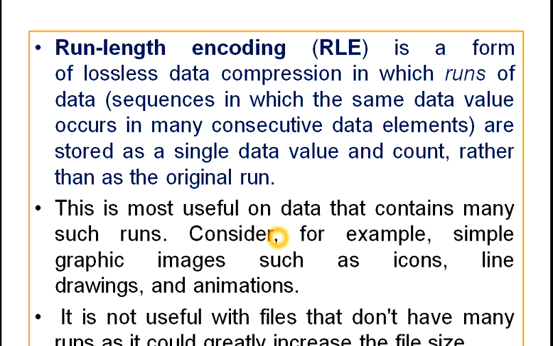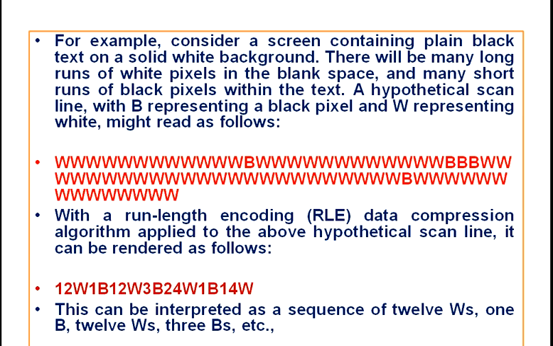So let's take an example. For example, we consider a screen containing plain black text on a solid white background, and there will be many long runs of white pixels in the blank space and many short runs of black pixels within the text. So a hypothetical scan line, with B representing a black pixel and W representing white, might be read as follows.